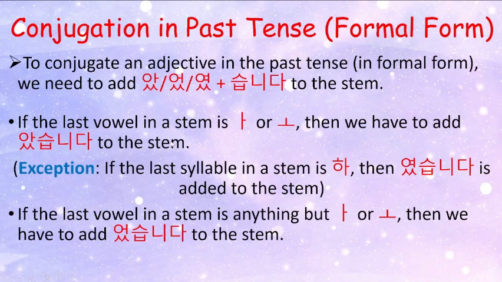If the last vowel in a stem is either a or o, then you have to add asimnida to the stem. Okay, very simple. Now there is an exception: if the last syllable in a stem is ha, then yosimnida is added to the stem.